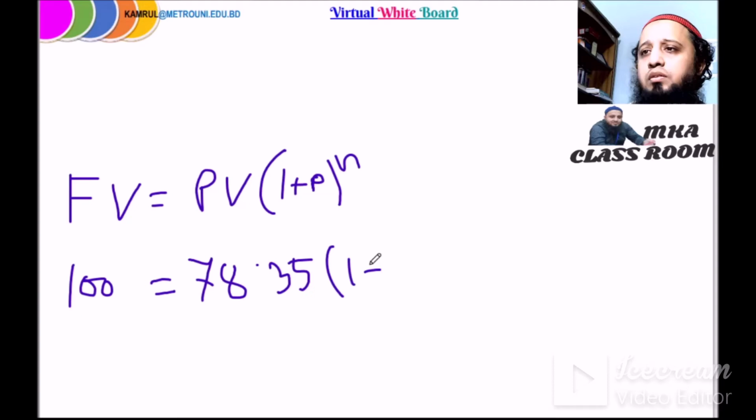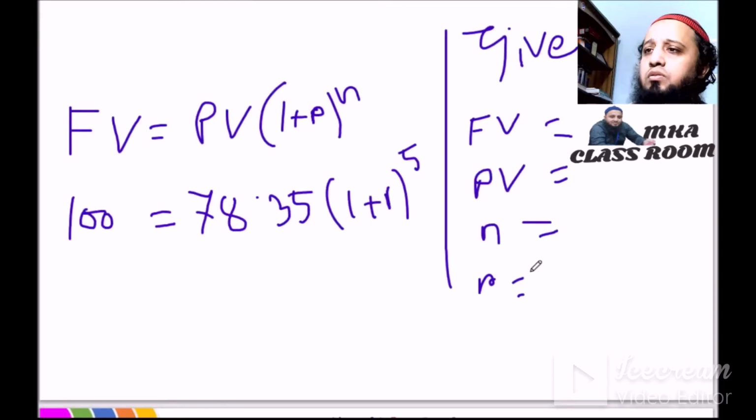So FV, PV, N, all the information we have, then we have to find out the value of r. So future value 100, present value 78.35 and n is 5.